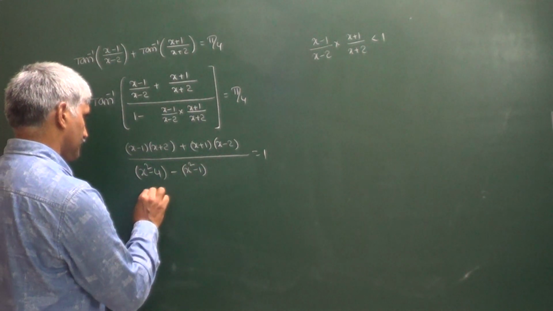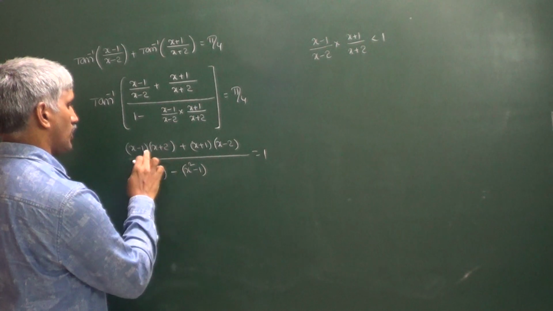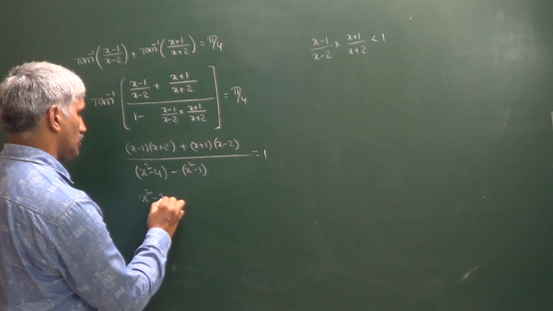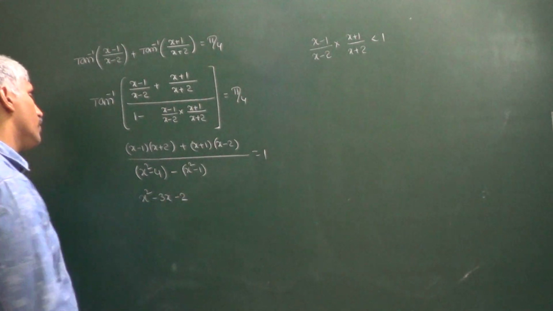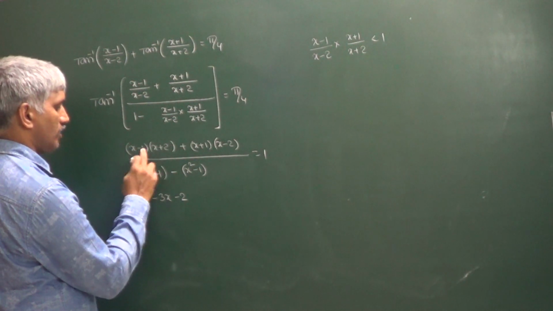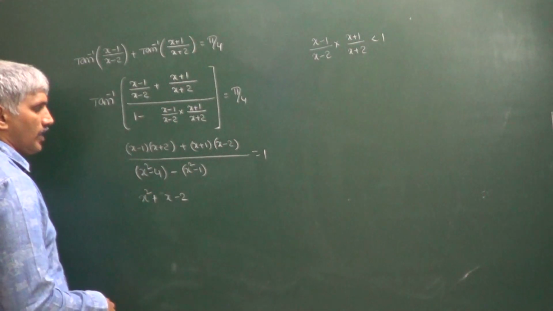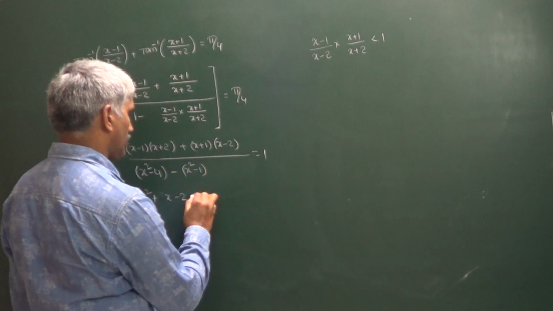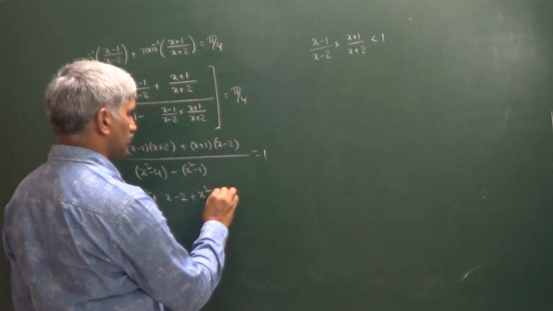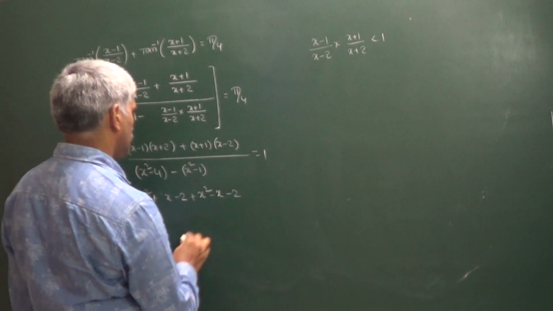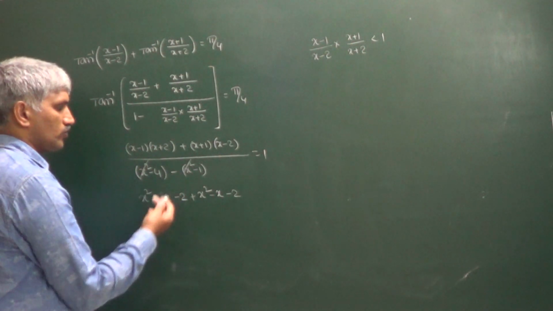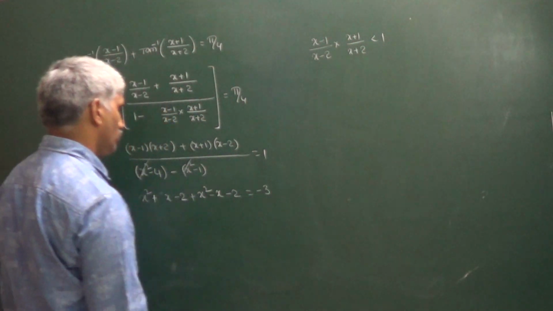Now the simplification: x square plus 2x minus x, that means we are getting plus x minus 2, whereas here x square minus 2x plus x becomes minus x minus 2. Then x square minus x square cancel, minus 4 plus 1 is minus 3, that's why it is equal to minus 3.